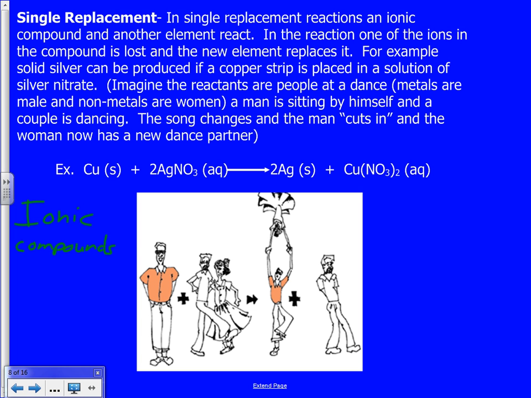Okay, so in a single replacement reaction, essentially what you have is an ionic compound reacting with an element. That element can be a metal or a non-metal, doesn't make any difference. What you will have when the reaction is done is an ionic compound and an element. They'll just be different than what you started with. So essentially what goes on is this. You have this guy by himself, and there's this nice couple dancing.